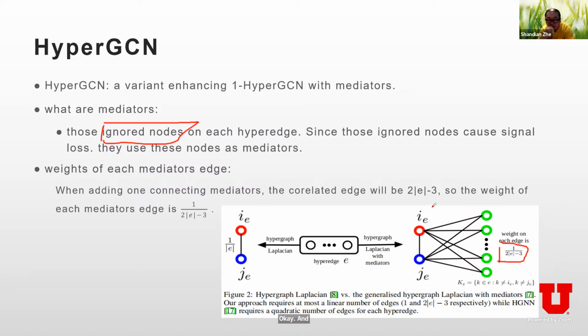And they assign a weight of 1 over 2 times the size of the hyperedge minus 3. If we have 4 nodes, 1, 2, 3, 4, then 2 times 4 minus 3 is 5. It's just mathematical: 2 times the size of E minus 3 is just the number of additional edges.